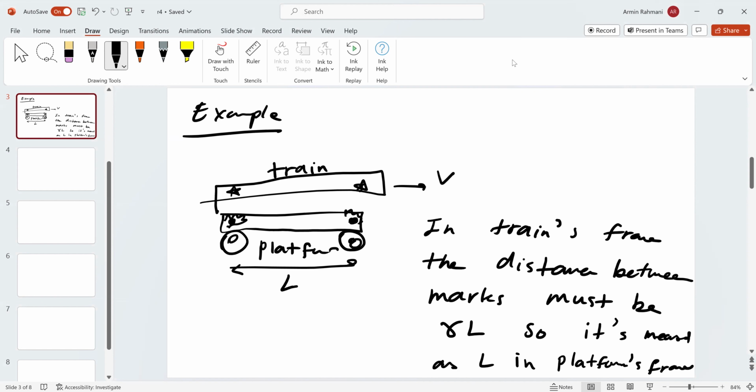And the platform is moving with velocity v in the opposite direction relative to that frame. So that length is length contracted. It appears that the paint bombs are at an even shorter distance, like L over gamma in that frame. So what's happening that we end up with a distance of L times gamma in the train's frame in this scenario?